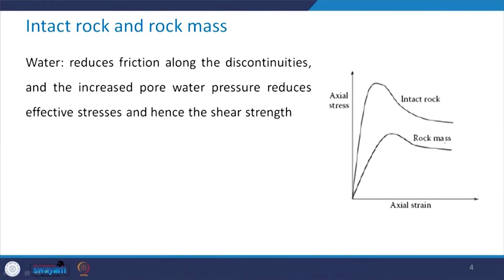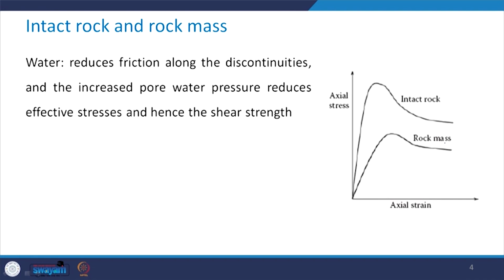That is another reason that rock masses are weaker as compared to the intact rock. What this water does is reduce the friction along the discontinuities and increase the pore water pressure, thereby reducing the effective stresses, and once the effective stresses are reduced, shear strength will be lower.